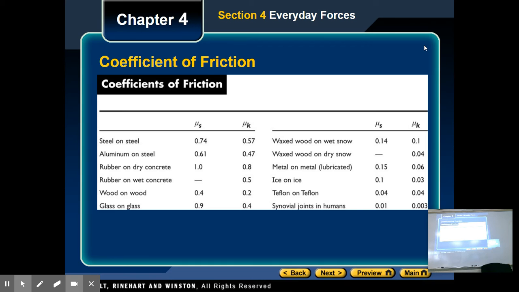So these are just giving you some examples of how we can compare static versus kinetic on various substances. Now you always want to check that if you calculate both, your kinetic will be smaller than your static. If it is not, you got some problem, so you need to recheck your work.